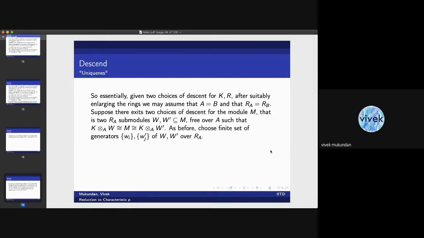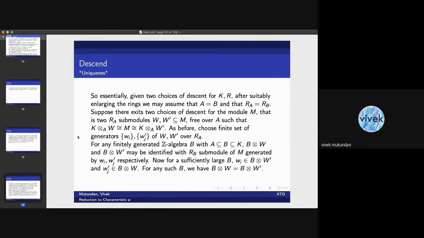Suppose you have two choices of descent for a module, that is two R_A modules, W and W prime, which are A-free, and such that when you tensor with K, you get the module M. As before, the same idea: choose finite sets of generators W_i and W_j prime for W and W prime over R_A.